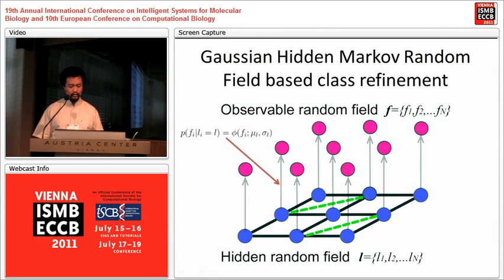According to this model, the distribution of voxel intensity conditional on the voxel's class label follows a Gaussian distribution that has parameters that are specific to the voxel label. And on the other hand, the label distribution of each voxel depends on its neighbors.